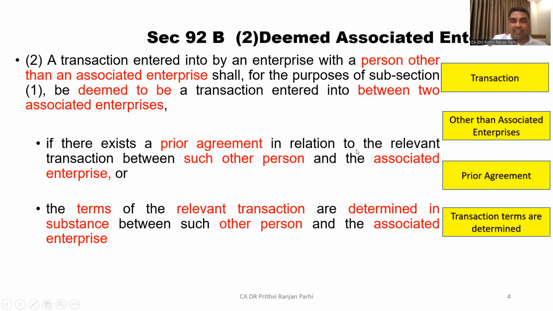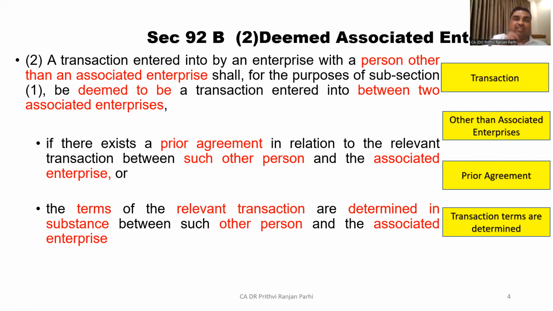So between these two parties, that is the associated party and the other enterprise, if there is a prior agreement, then that transaction will be treated as a deemed transaction between associated enterprises. Or, it says, the terms of the relevant transactions are determined in substance between such other person and the associated enterprise. That means either there is a prior agreement or the terms of the transactions are determined between those parties.